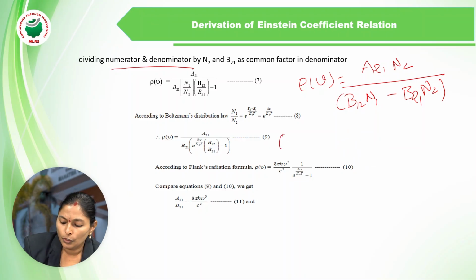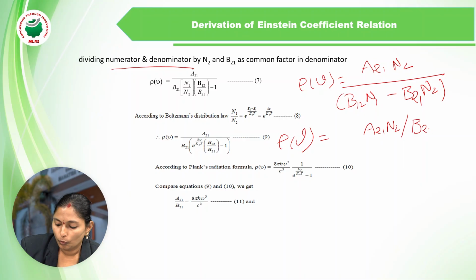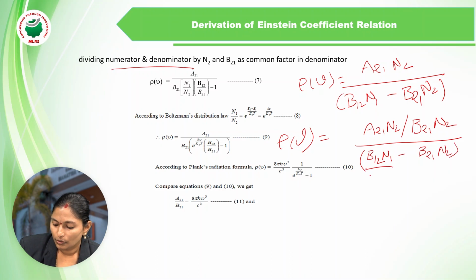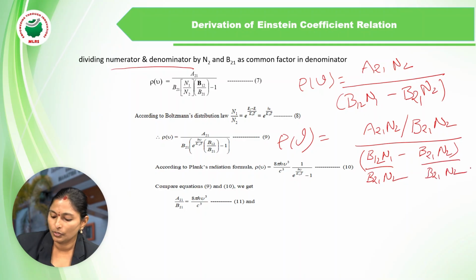So rho nu equal to A21 N2 by B21 N2. In the same way, the denominator B12 N1 minus B21 N2 over B21 N2. So what is going to happen?